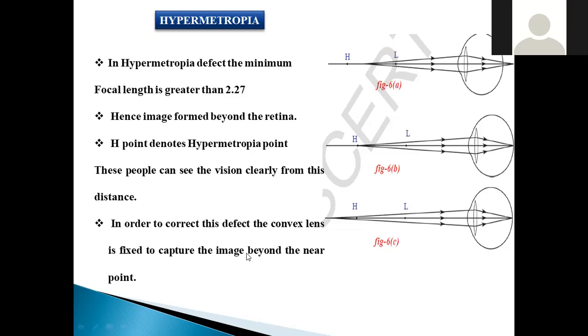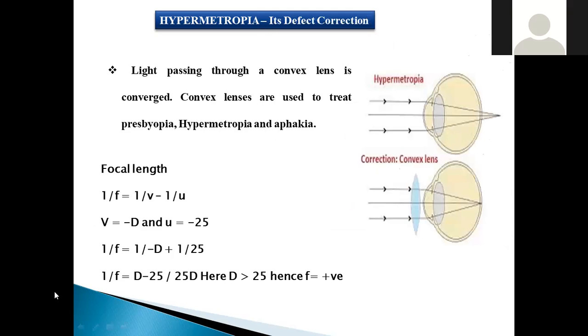In order to correct this kind of defect, we have to use a suitable lens, that is called a convex lens. Here, we need a convex lens in order to correct the image from behind the retina to on the retina, right? Here it is very clearly mentioned. In hypermetropia patients, what happens? In the first condition, the image falls behind the retina.